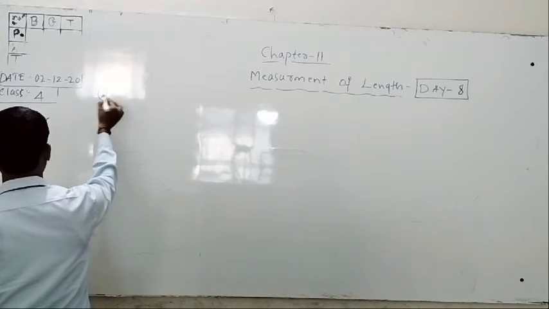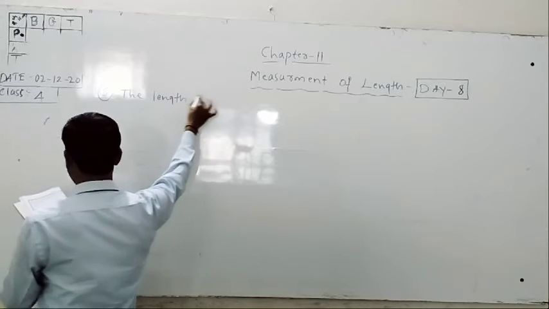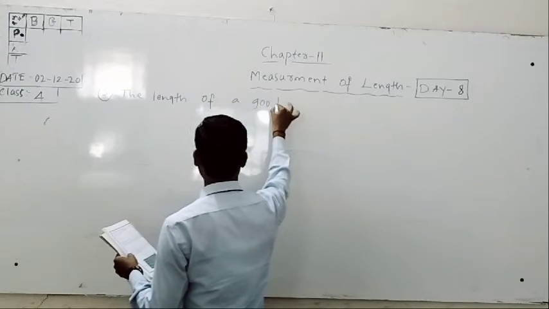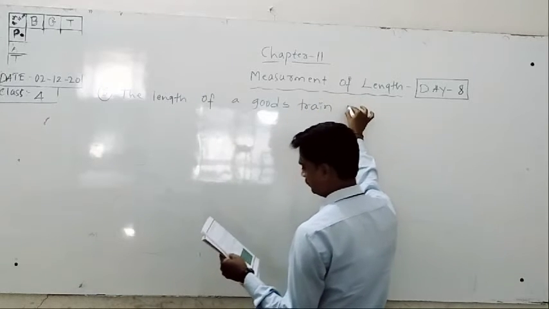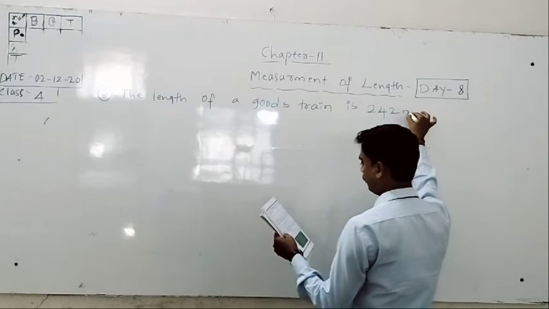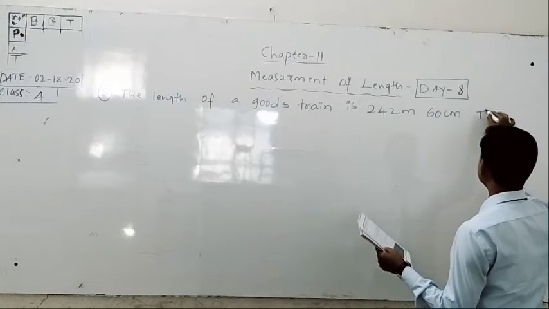First, the length of a goods train is 242 meter 60 centimeter.